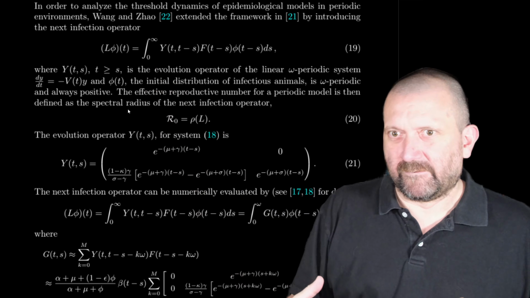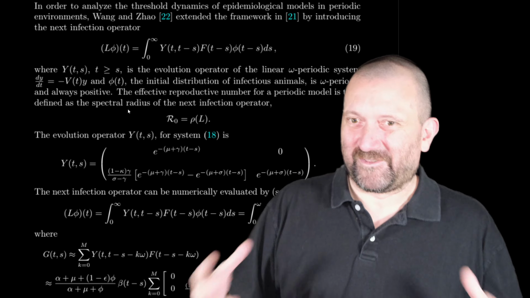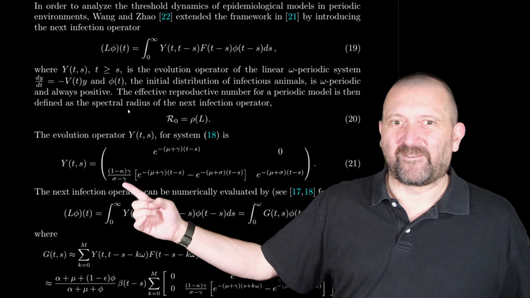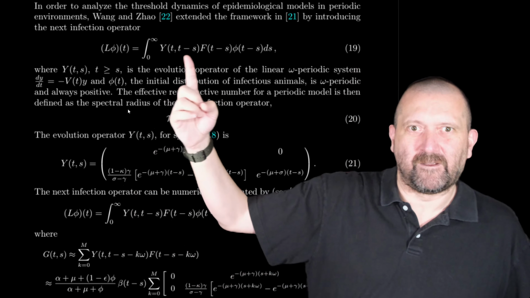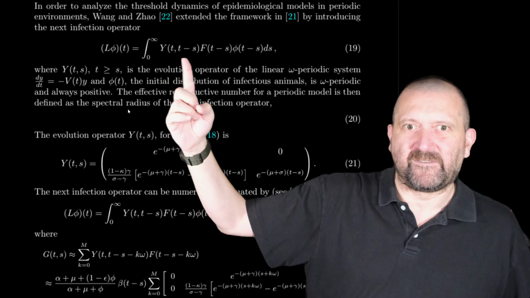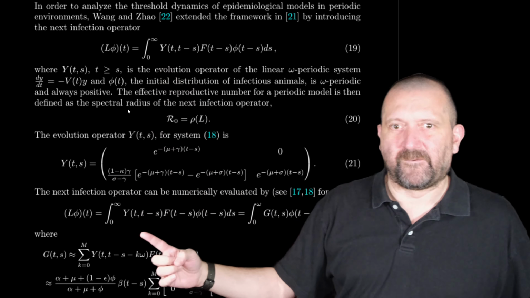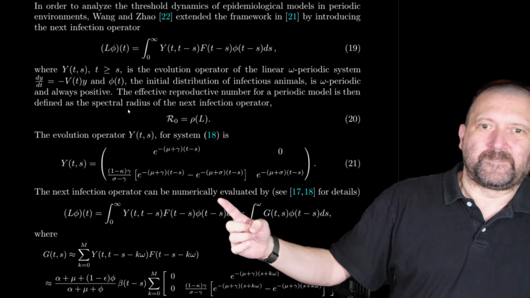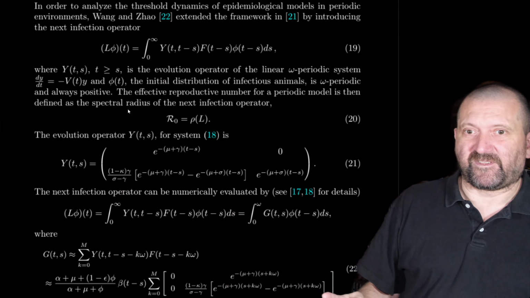That operator is, of course, not something easy to deal with. So, for example, if you look at the evolution operator that comes in this operator, Y of t and t minus s, given by this expression, and therefore, if you want to compute numerically, for instance, you end up using this technique.